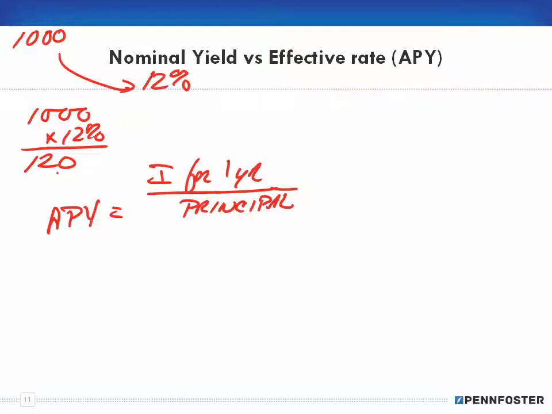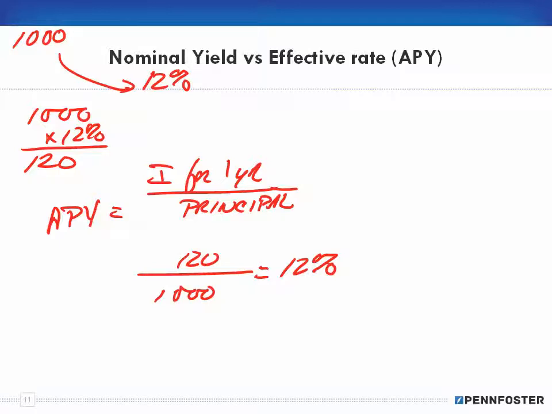My interest for the year was $120, and I'm going to divide by my principal of $1,000, and that's going to give me a 12% APY, which is the same as my nominal yield. Why is that? Because we're talking about 1 year. We're not talking about compounding. Notice I didn't say anything about compounding.